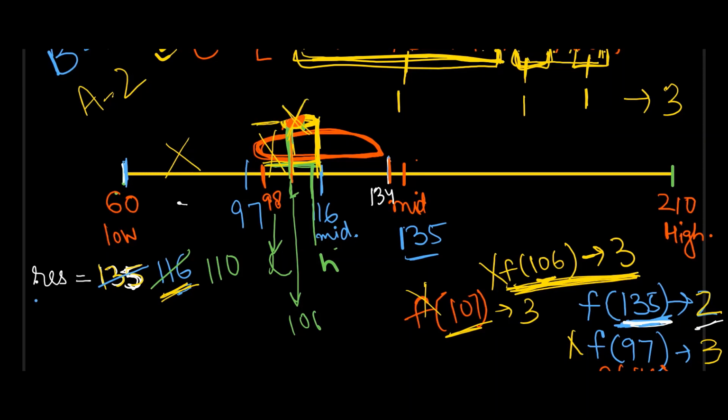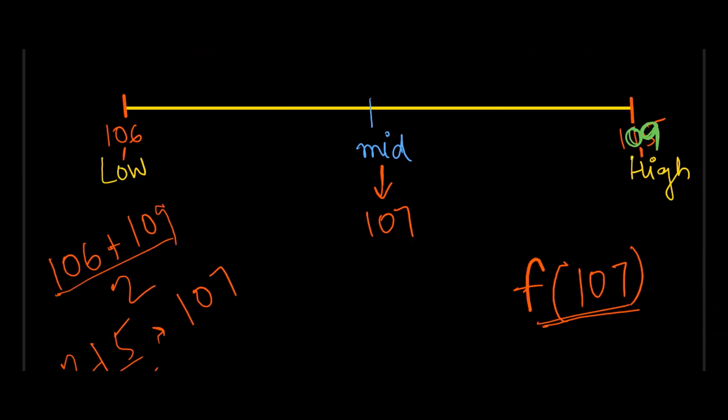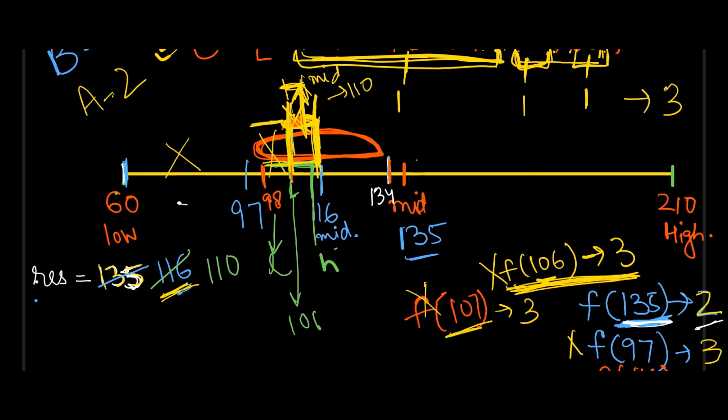Now we'll be having from 98 to 106. So here we'll be having from 106 to 116, for which mid is 110. This is the minimum time required to paint here. And from 106 to 110, it's failing here.